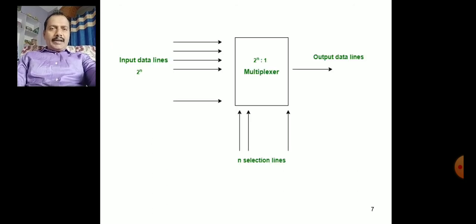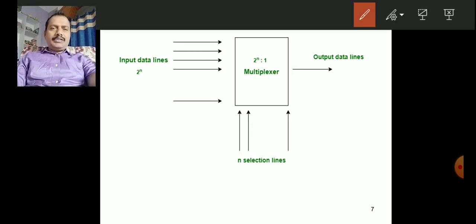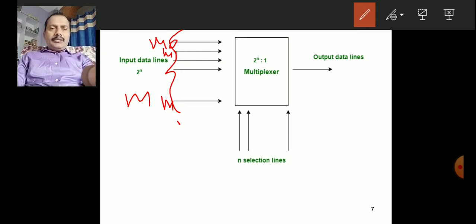So this is the diagram. Here there are m input lines, M0, M1, M2 and so on. These m lines can be expressed in terms of 2 power n.